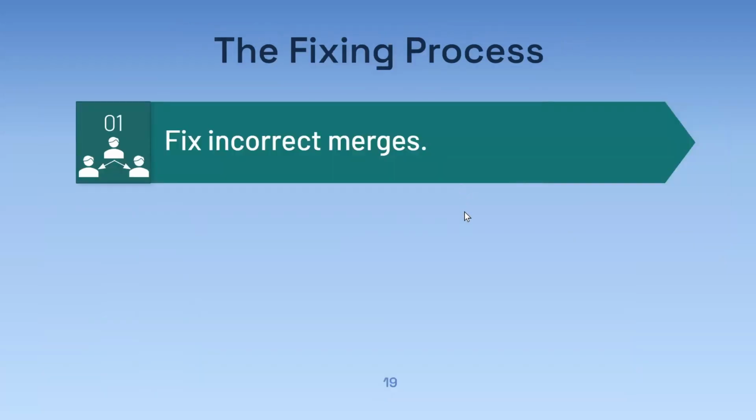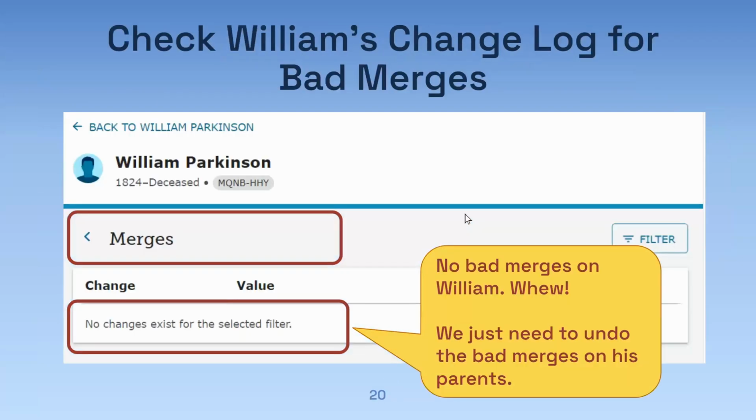So let's walk through step one. The first thing I wanted to do, even though I know there were bad merges on the parents, I also wanted to see if there were any bad merges on William the son. Fortunately, there weren't. This screen shows that when I filtered to merges, it says no changes exist for the selected filter.